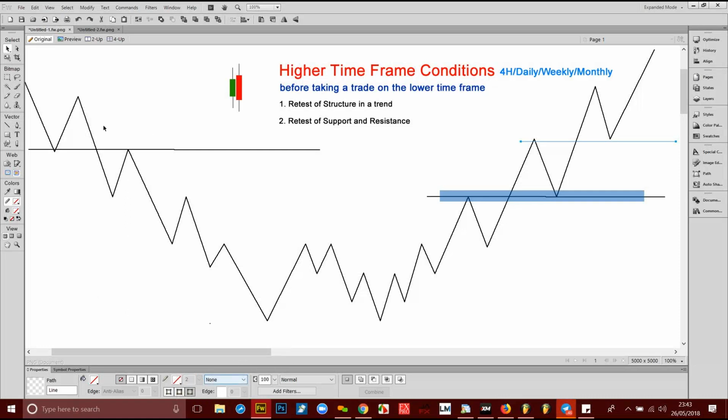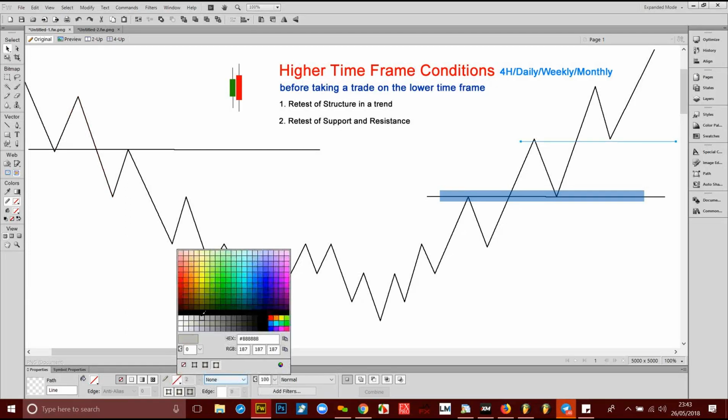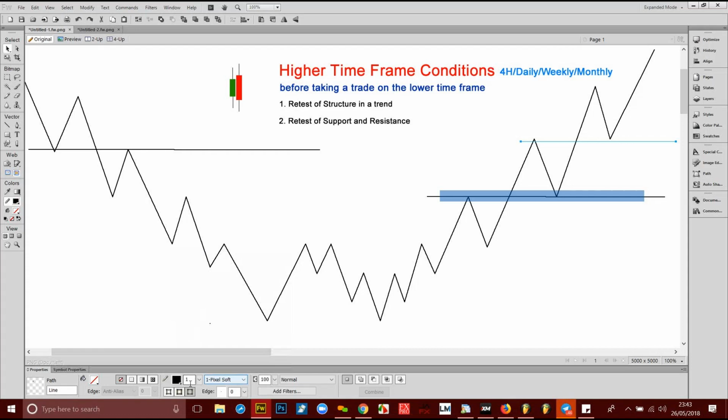I need to see that too. So you see, initially resistance, but it became support. This one too, initially support, but it became resistance. So that's an example of what we call break and retest of structure.